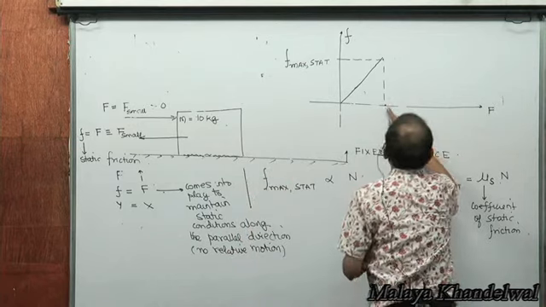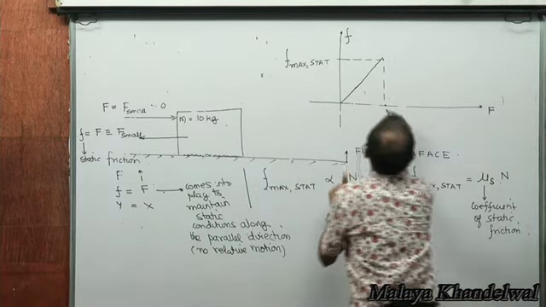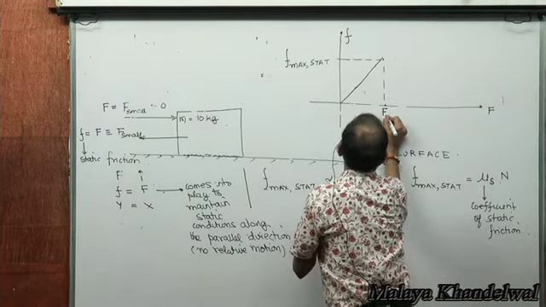If the externally applied force is increased beyond this value F naught, friction will not increase any further. It has reached its zenith, right? These interlockings will melt. Relative motion commences. Any further increase in capital F will cause relative motion to start.